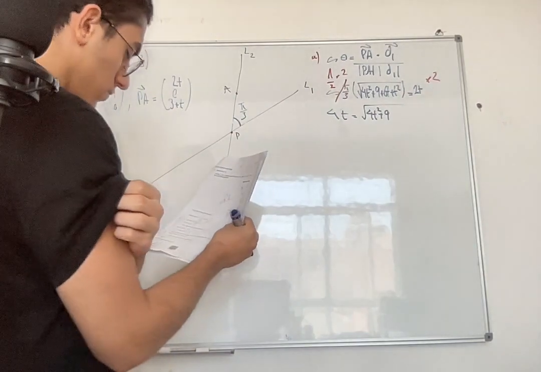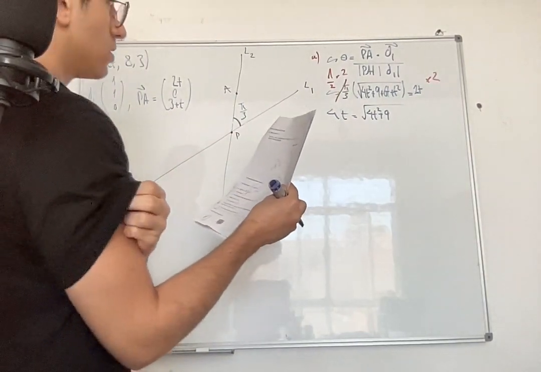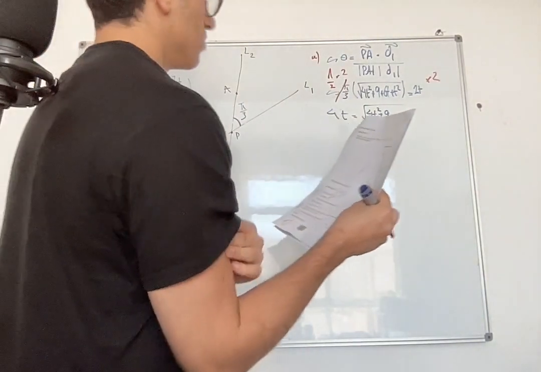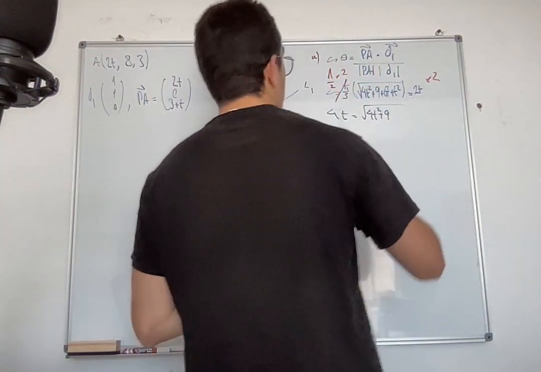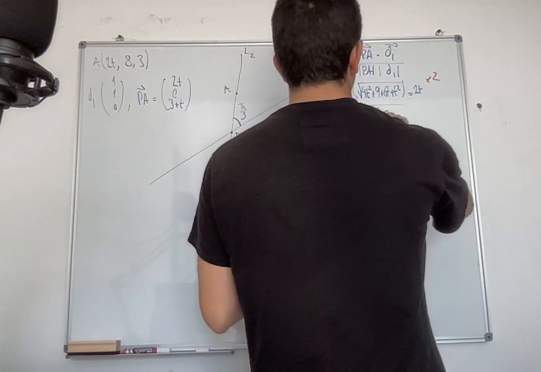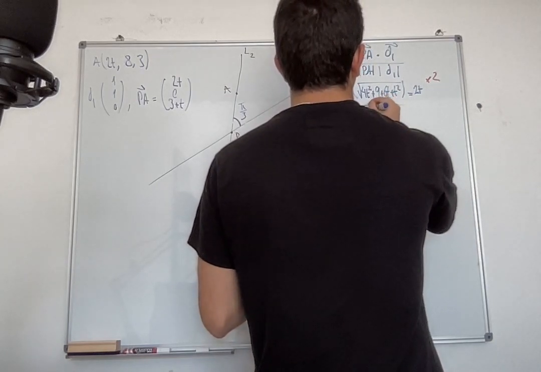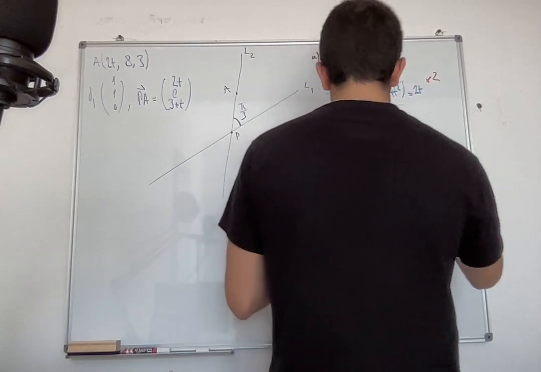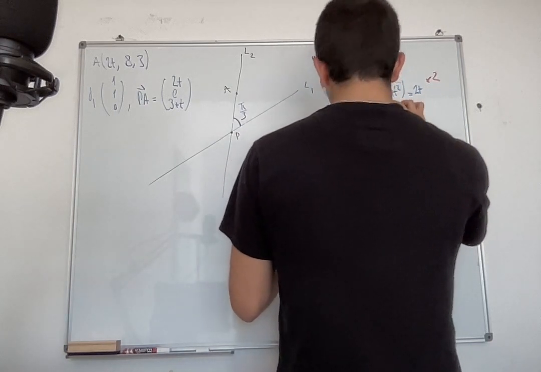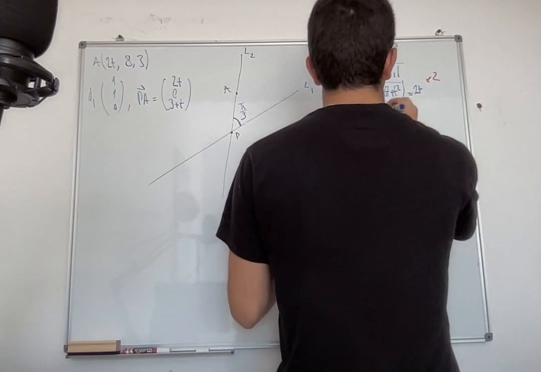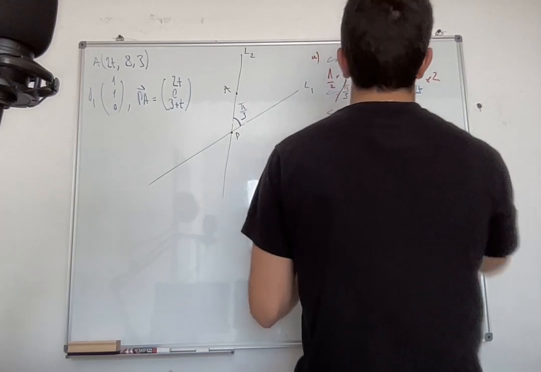I don't understand where the mistake is. Well, 5t squared is going to be 5t squared plus 9 plus 6t, plus 9.